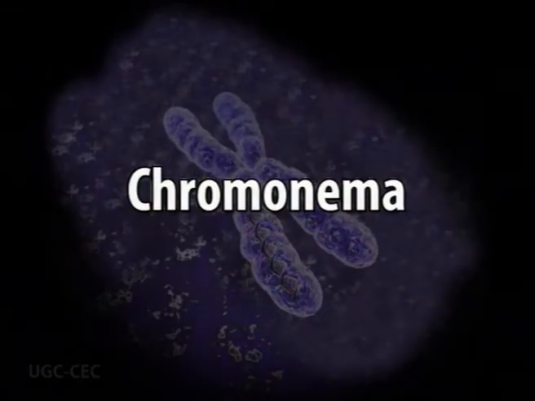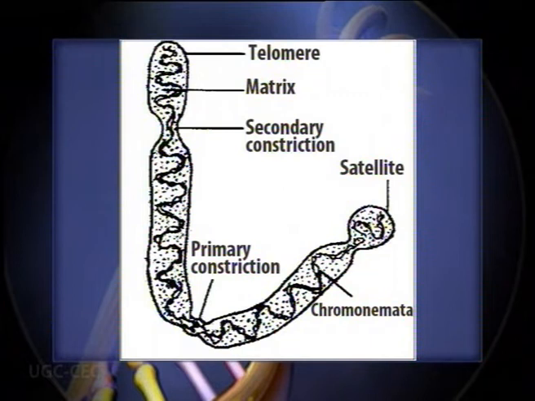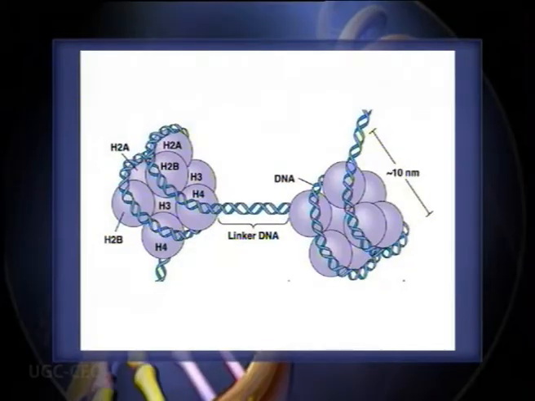Now, the chromonemata. During prophase, the chromosomal material becomes visible as very thin filaments, which are called chromonemata and which represent chromatids in early stages of condensation. The chromatid and chromonemata are 2 names for the same structure, a single linear DNA molecule with its associated proteins.